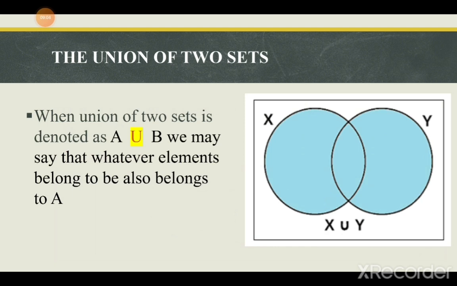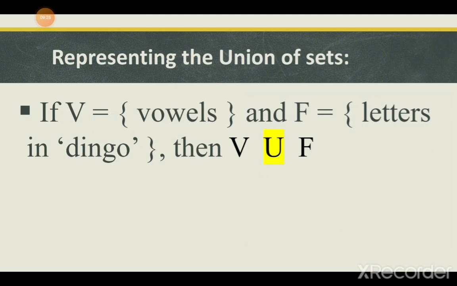Your union is that kung ano yung sabihin natin dalawang set, we will combine them into a bigger set, like your X union with Y. Diba? Pag nag-union ka, syempre, magkakaroon ka ng dagdag.